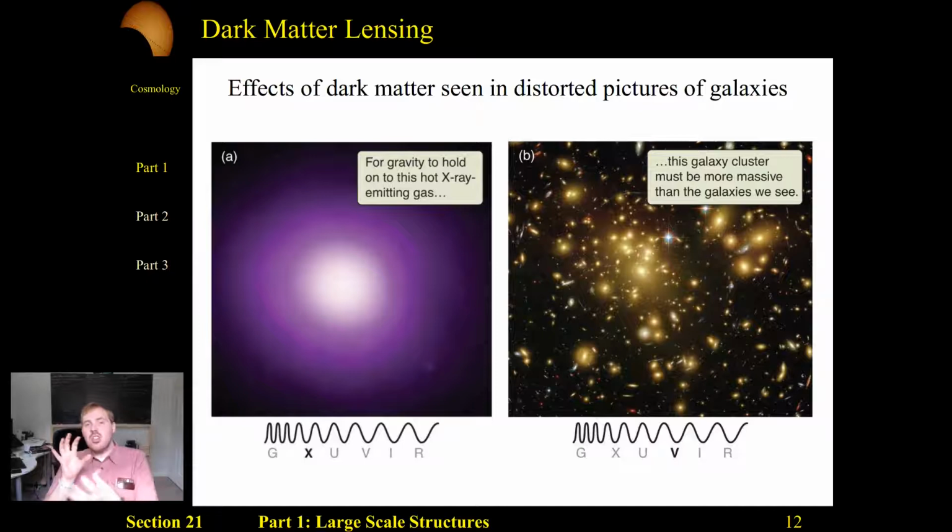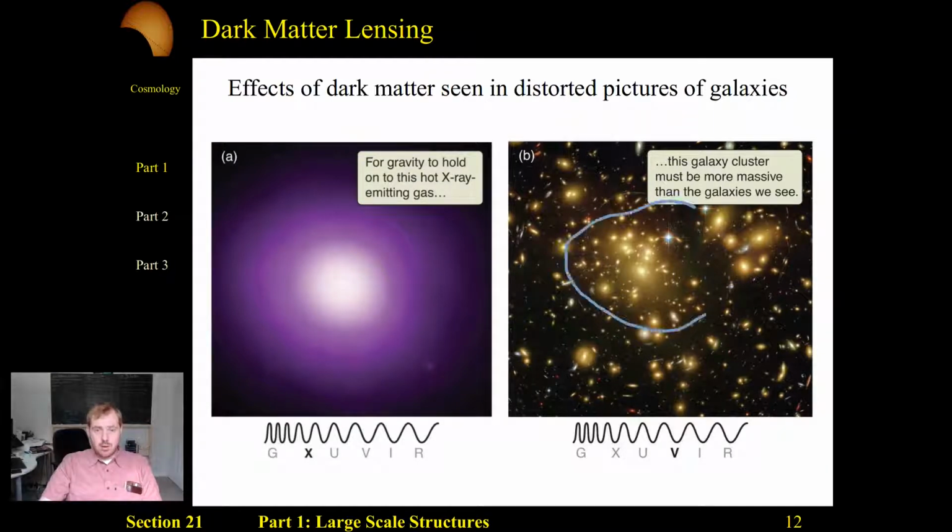This is distorted in pictures because of the supermassive objects that are present there. Remember, gravity distorts space-time, and light, without the distortion, would just go straight across. But with that distortion, the light will bend. The rays bend around massive objects.